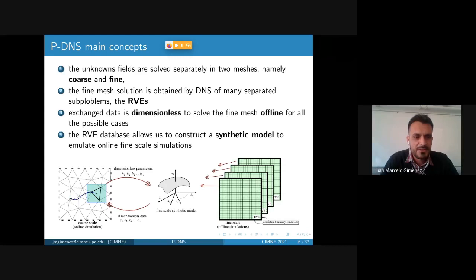So the main concept is that we perform several simulations for dimensionless parameters in offline simulations at a fine scale. We construct some fine scale synthetic model and finally, when we want to solve a coarse scale or a global problem, and we require the data from the fine scale, we just consult the fine scale synthetic model, passing some dimensionless parameters and receiving some dimensionless data.